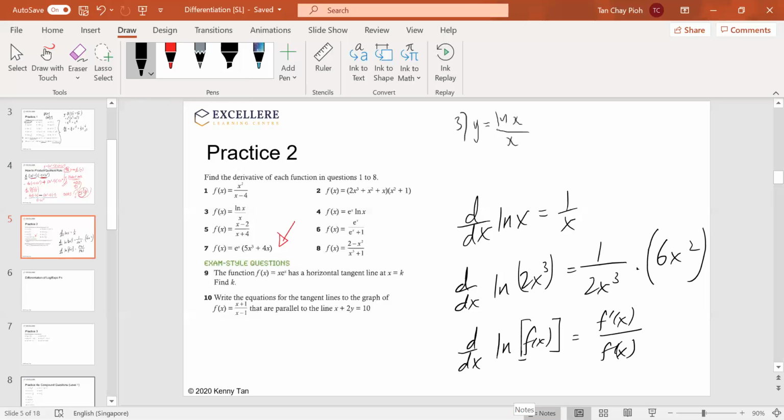Wait, but why do you divide it by? I thought you get 1 over f(x). What do you get f prime x? f prime x is this, right? Oh yeah, it's just times. Oh, sorry, it's times, yeah. Okay.